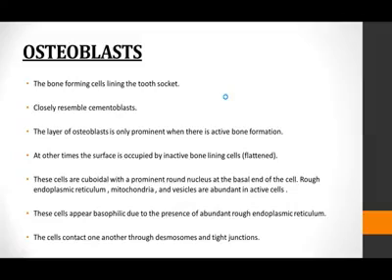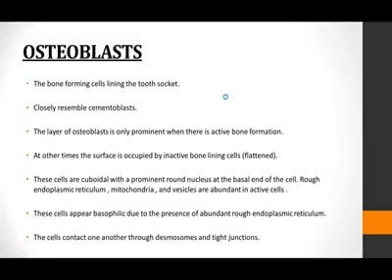However, the active osteoblasts are cuboidal cells. They have a prominent round nucleus at the basal end. They have lots of protein synthesizing organelles, the rough endoplasmic reticulum, mitochondria, and vesicles. And these cells appear to be basophilic due to high amount of rough endoplasmic reticulum, and they're connected to one another through desmosomes and tight junctions.